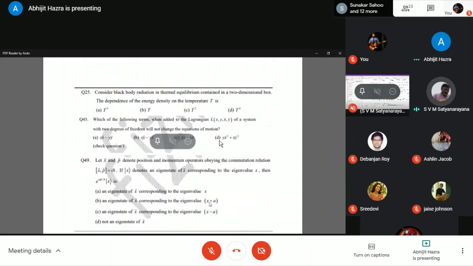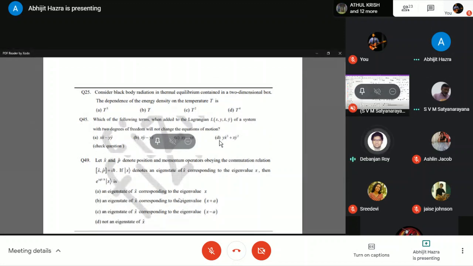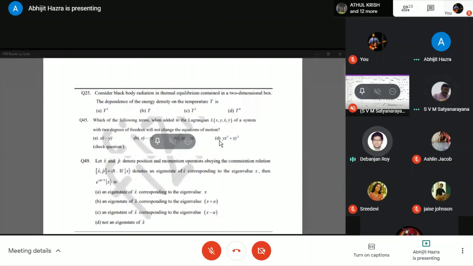Consider blackbody radiation in thermal equilibrium contained in a two-dimensional box. The dependence of energy density on temperature is? Sir, it is going to be option A, T cube.